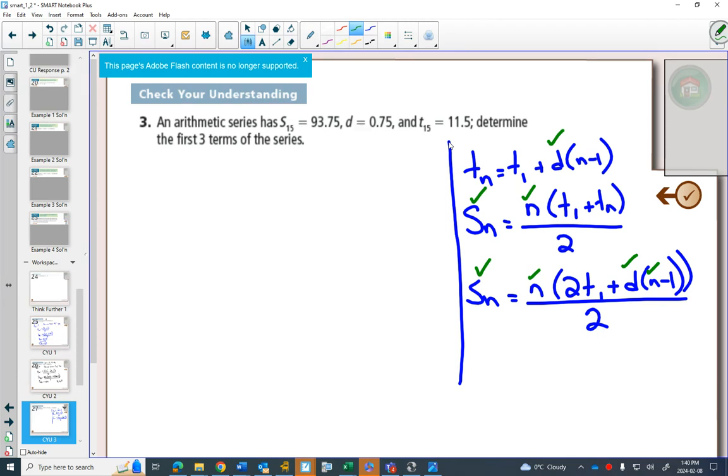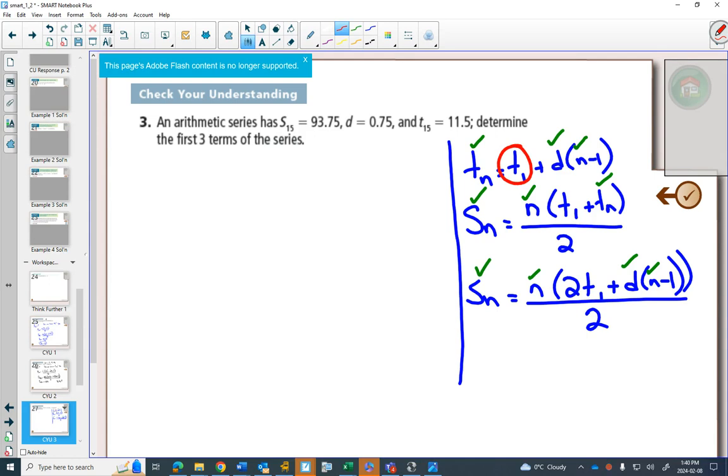And then it tells me term 15. So I would know term 15 and n for this formula, and I would know term 15 for that one. Can you see that in all three formulas, the only thing I don't know in the first formula would be T1.